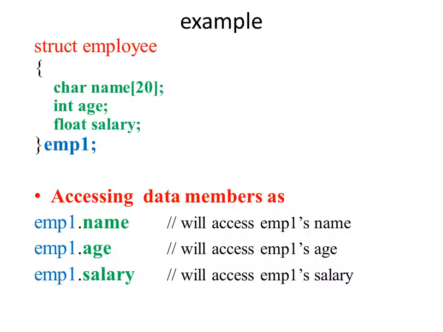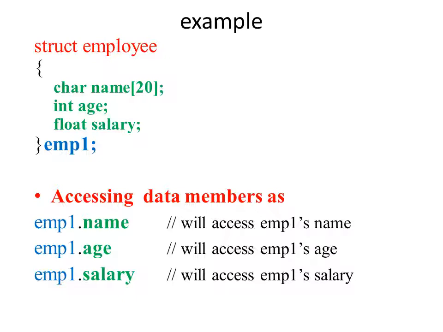Now emp1, that is employee 1, is called a structure variable. Name, age and salary are called structure members. So how can we access the members with the help of the variable? First write the variable name, that is emp1 dot name.